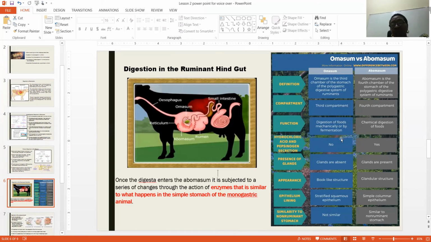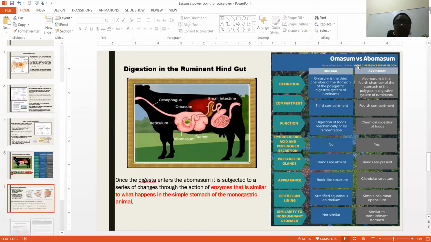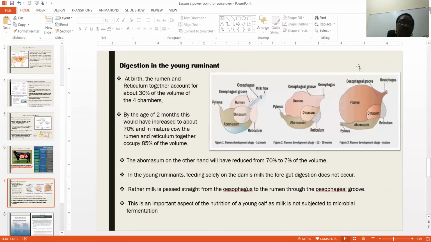I have here a small table for you to look at that discusses the role of the omasum and the abomasum within the process. When you have time, you can look at this table carefully and you'll be able to see the differences in terms of their performance in the ruminant animal.